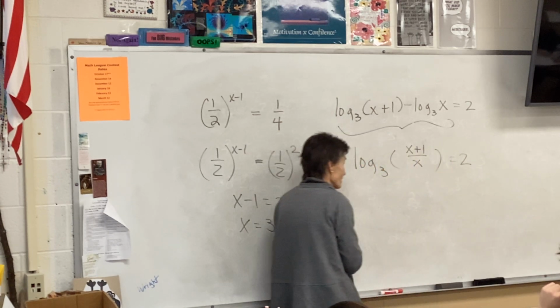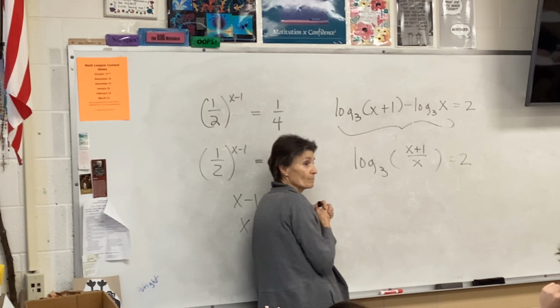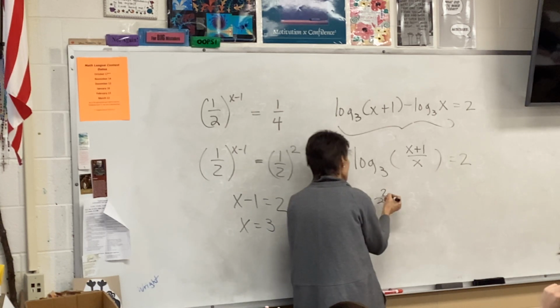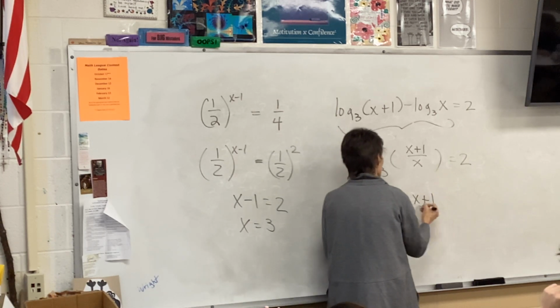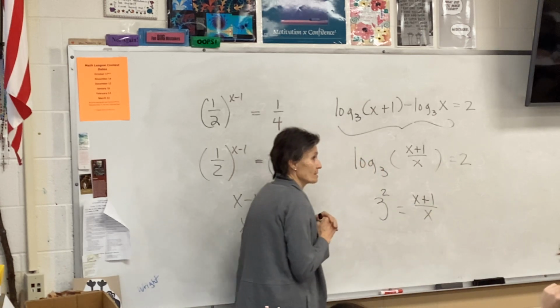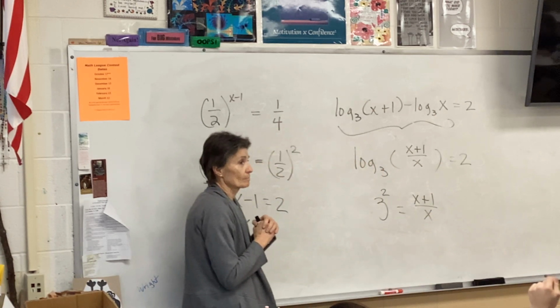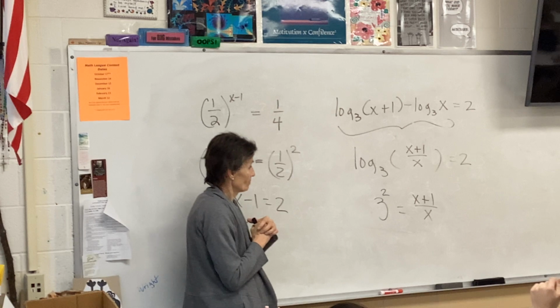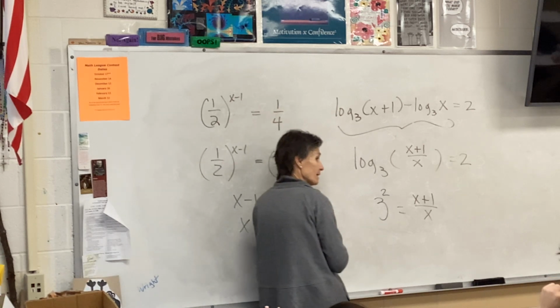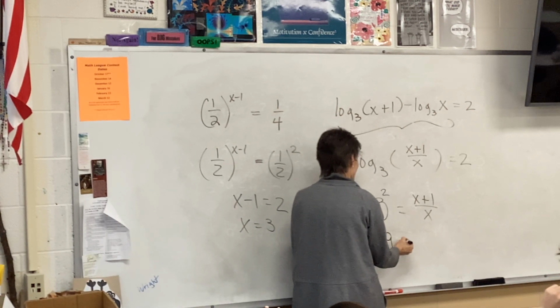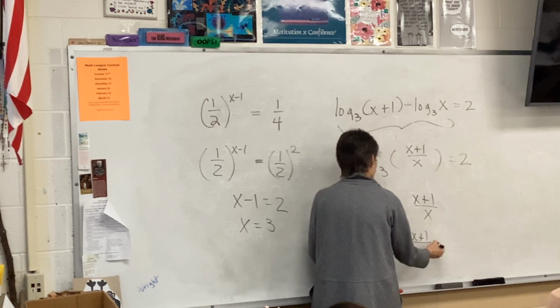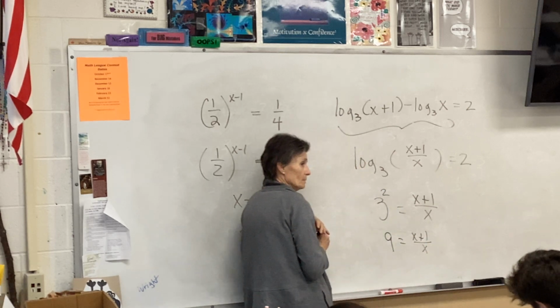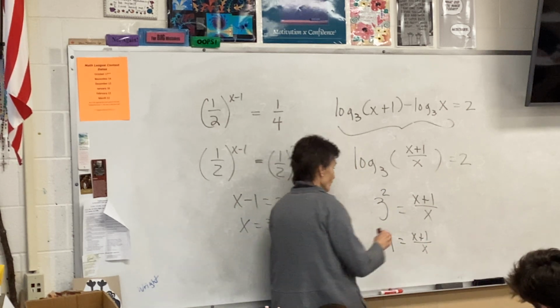So now the problem's solvable because now I have one logarithm. So how do I go about solving that? 3 to the second equals x plus 1 over x. Three to the second is 9. Bring the x over.